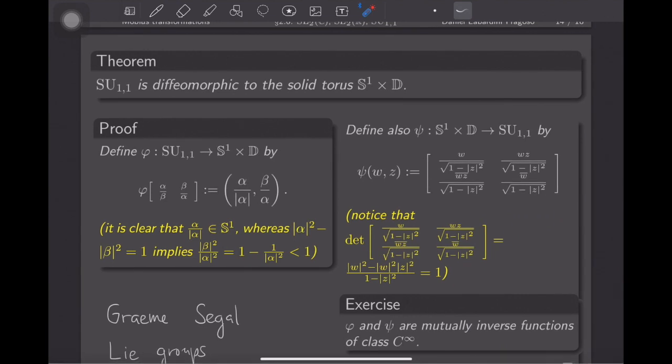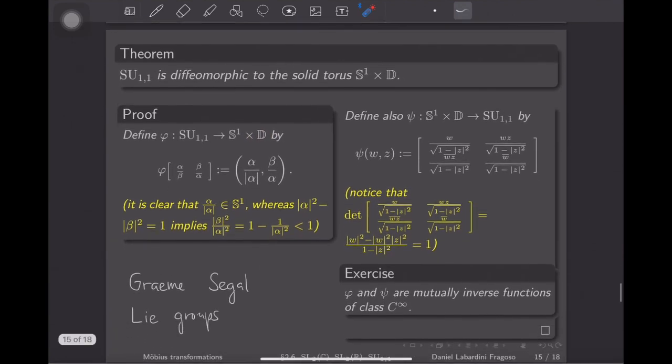But once you know the formulas, you can just make the obvious observations. For instance, if you are here in SU(1,1), of course, this one lives in the disk. And because of this condition that |alpha|^2 minus |beta|^2 is 1, this number actually lives in the disk.